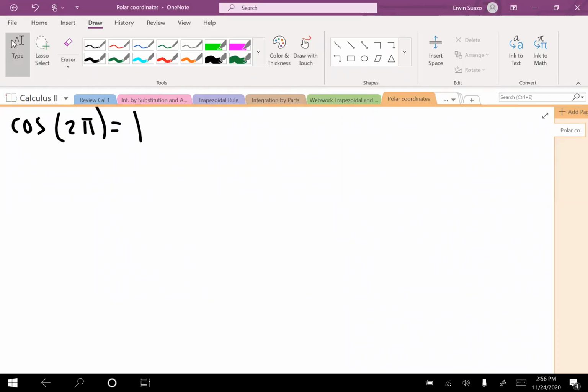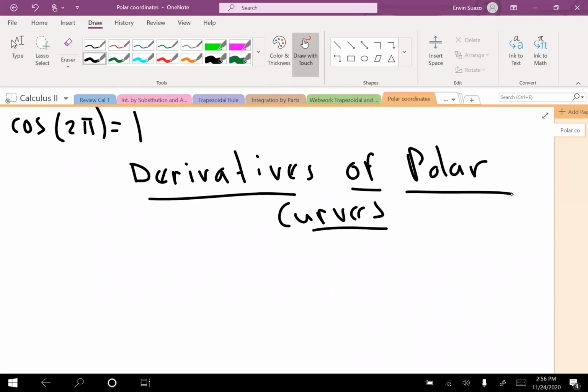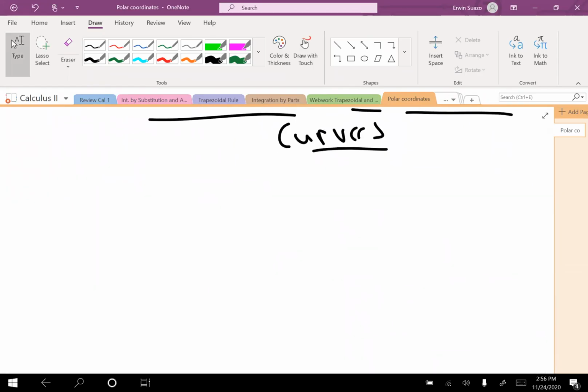Okay, so now we saw derivatives of polar curves. We already talked about this, but let's make a nicer formula. So we already did this in the general case.